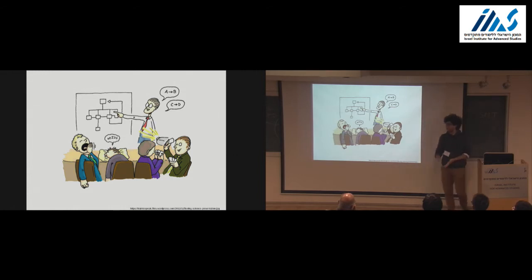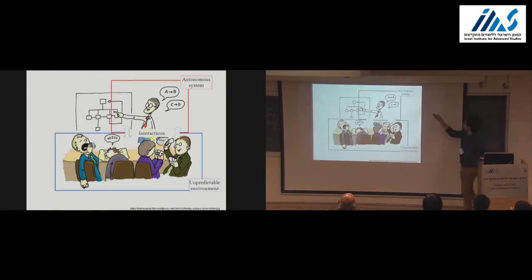But then when comes the day that you face the audience, you try to go through this modelization, but you're in front of an audience that you don't know, and you have to compose with it. So this is the illustration of an autonomous system interacting with unpredictable environments. So now the question is, can I still reach the expectation that I was writing yesterday?